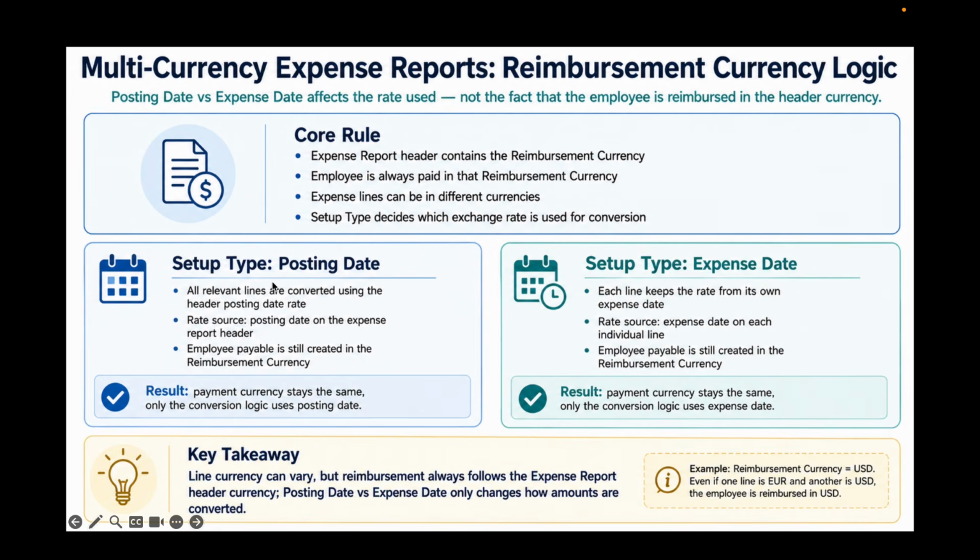Now, the type of setup defines whether you are going to be paid, basically the exchange rate of your payment, based on your posting date or based on your expense date. That's basically organization policy that decides. So you will get the rate of that date, and then accordingly you will get reimbursed.